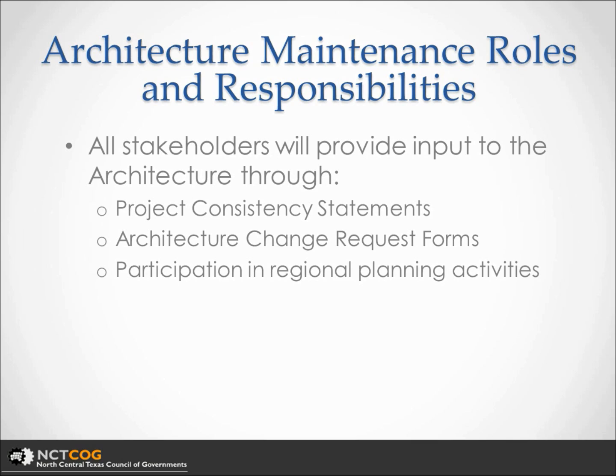Part 2 discusses the project consistency statements. Later in this discussion, we will talk about the change request form. And participation in regional planning activities includes long-range transportation plan and other plans that will have ITS elements in them.